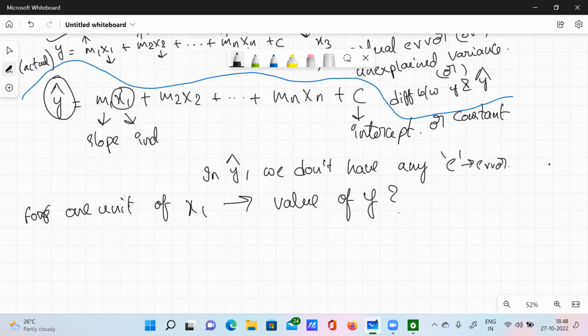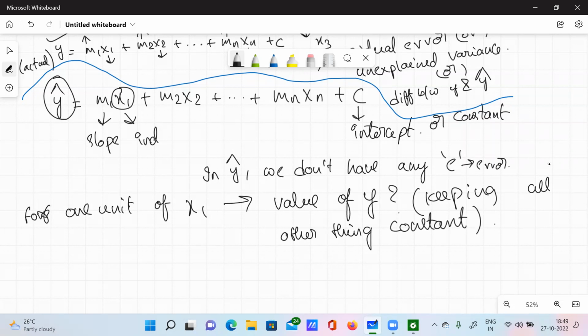This is the question. But here we have one condition, that is keeping all other things constant. So what does that mean actually?